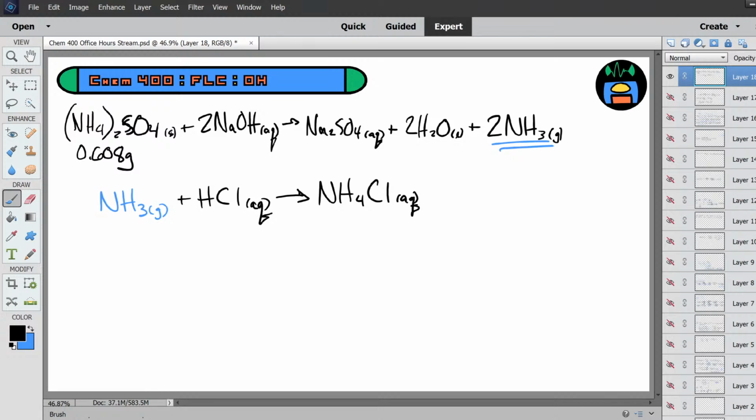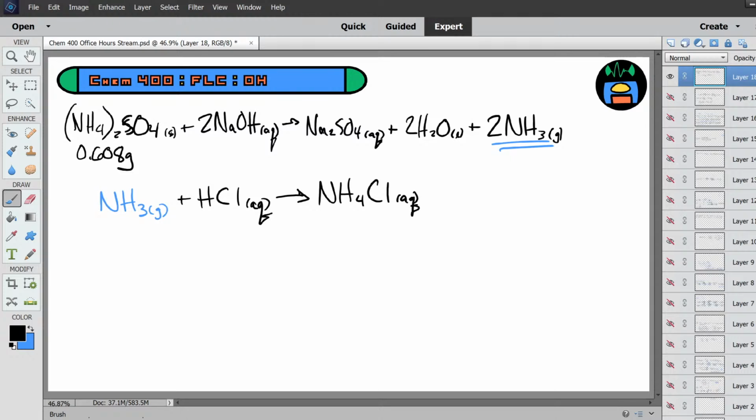All right, and that this solution was titrated for excess HCl.